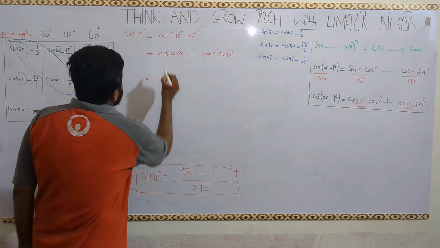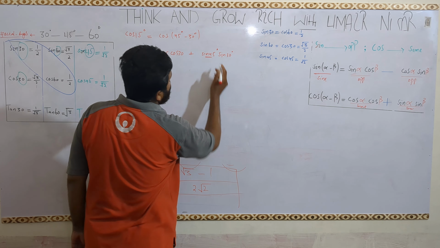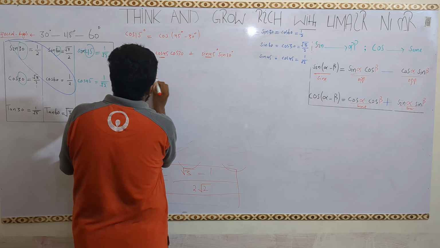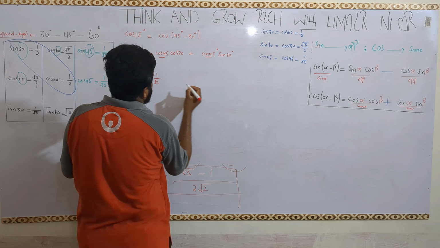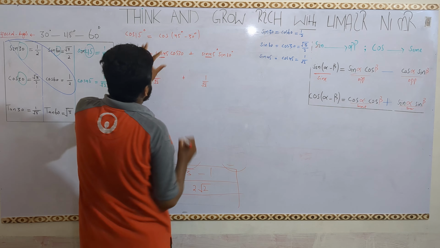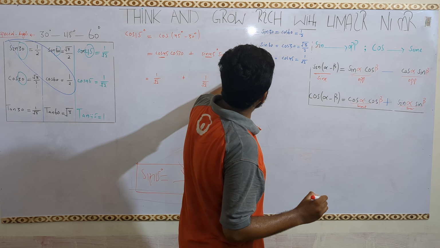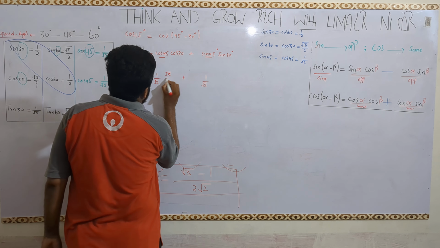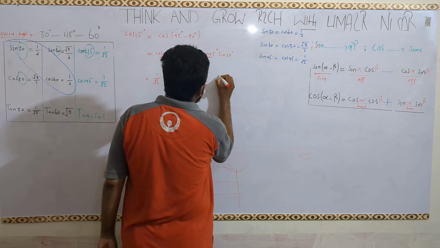Now put the values. This value and this value we learned here: 1 over under root 2. Cos 30 is equal to under root 3 over 2, and sin 30 is 1 over 2.